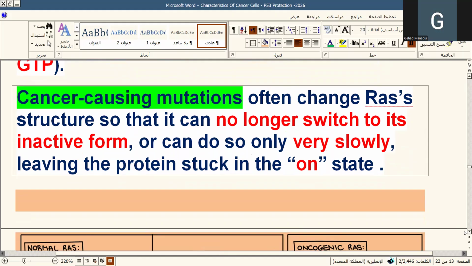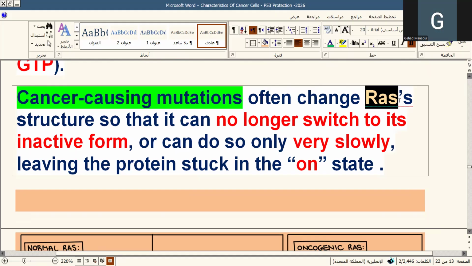If we have a mutation that will cause cancer, this means that this receptor protein, which is called the RAS protein, has been affected by that mutation in a way that makes it no longer switch to its inactive form. It will always be in the on state.